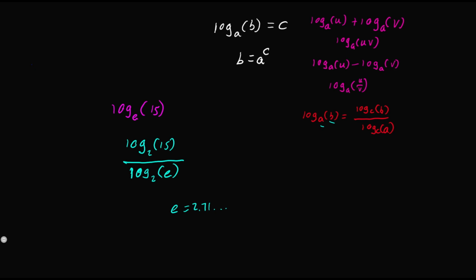If we do e times 6, we get 16, and e times 5, we get 13. So we're never going to get 15 exactly. We could, but it's going to be a different process rather than getting a numerical solution for this. So we can't really express it as anything else. So that's all we have to do just to change the base.